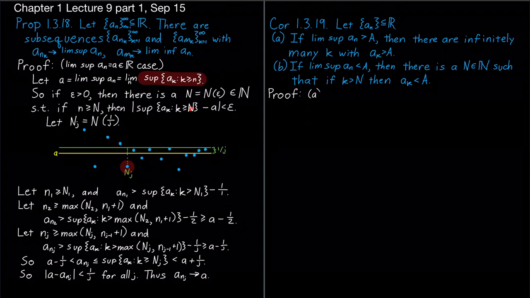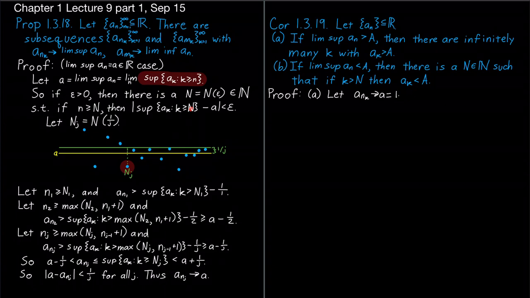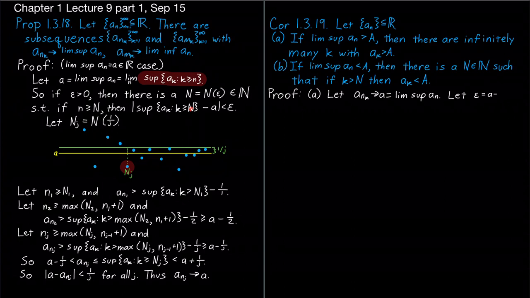So for part A, we let a sub n sub k converge to a, which is equal to our lim sup of the a_n's. And let's let epsilon be our a, the lim sup, minus A, the target number. We're using the letter A far too often in this problem. Sorry about that.